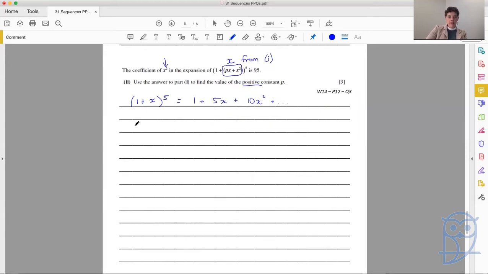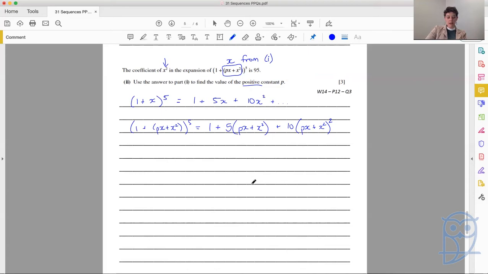So what we then have is (1 + px + x²)^5 is 1 plus 5 times what was in that x position, px plus x squared, plus 10 in the x position, px plus x squared. But this would be squared because our x here is squared. So now we have that substituted form so that we've got a better idea of what we're looking at.